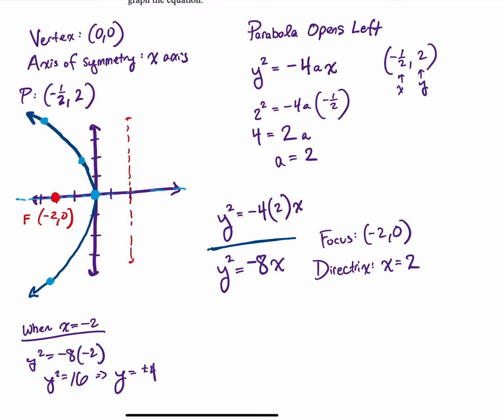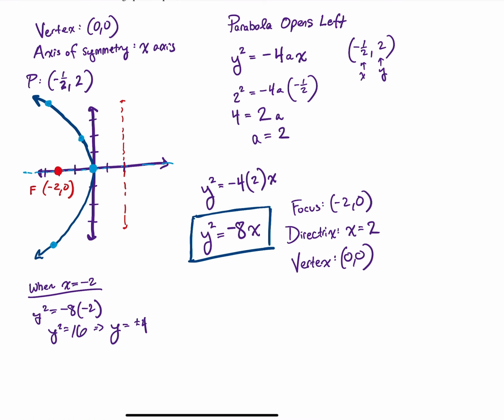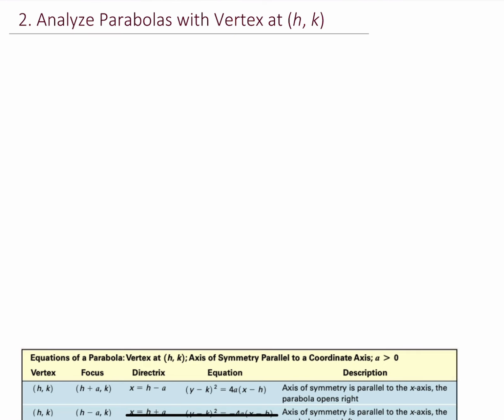So we got our equation and then our focus and directrix. Just throw the vertex in here too at 0, 0. So let's generalize this now to have a vertex anywhere. We've been anchoring it at the origin.